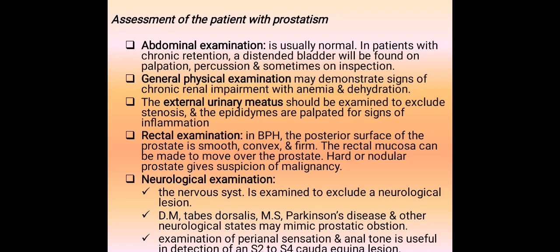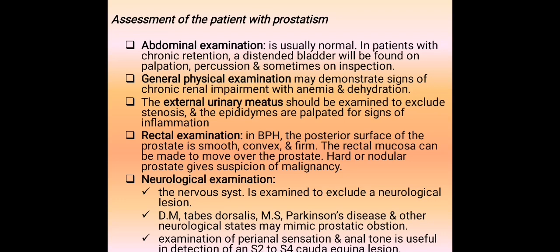How to assess a patient with benign prostatic hyperplasia? First, we have history, حكينا بيه. Next step is the abdominal examination and the general examination. In patients with chronic retention, distension of the bladder will be found on palpation and percussion, and sometimes even on inspection.